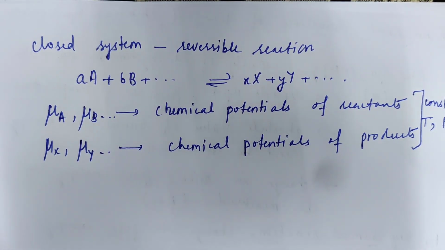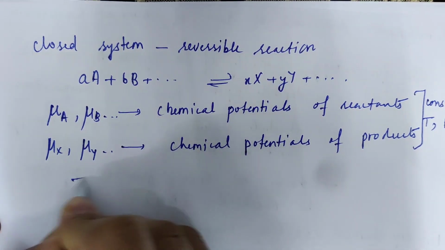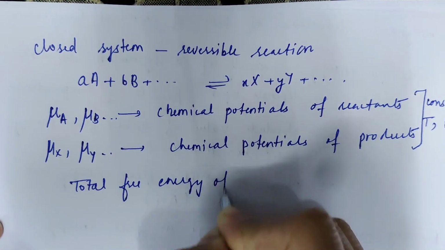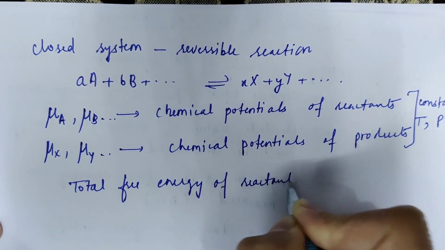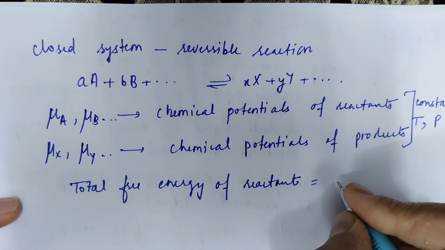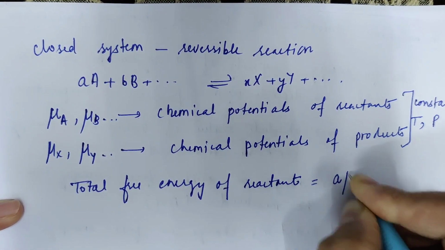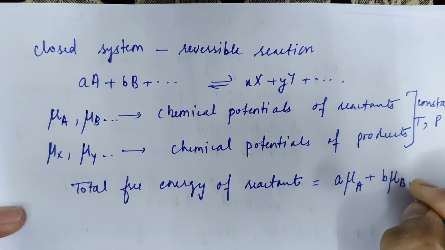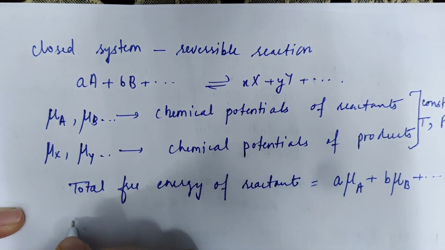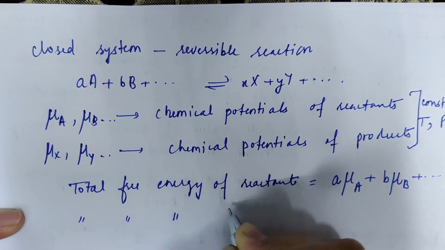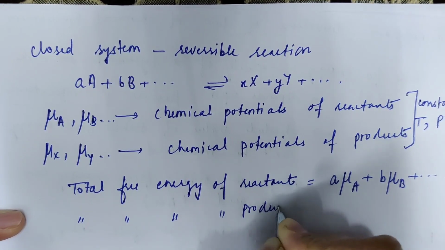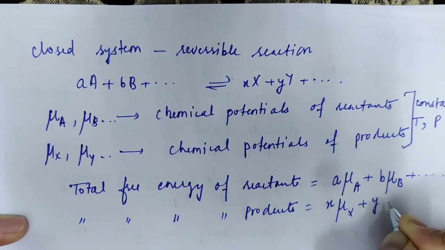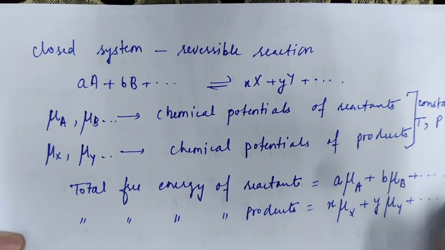So if we write down the total free energy of the reactants, that would be number of moles of A into chemical potential of A plus number of moles of B into chemical potential of B, and so on. Similarly, the total free energy of the products will be X mu of X plus Y mu of Y plus so on.